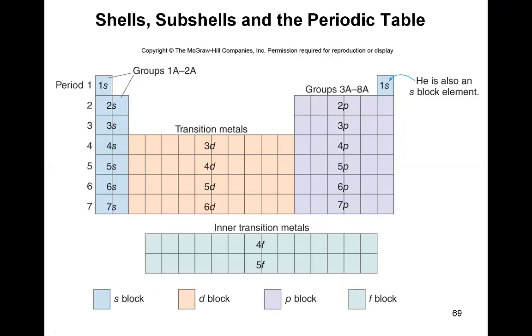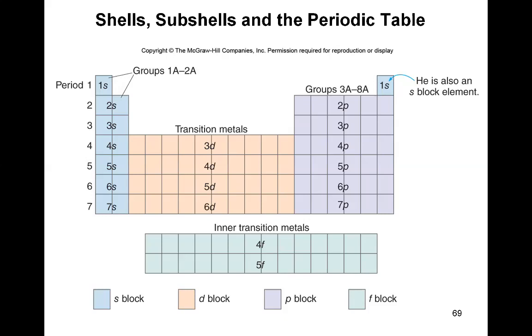So the periodic table, I told you, is a powerful tool that enables you to know which shells, subshells, and orbitals are filled when you look at an element. We said that the shells are represented by the periods. Periods are the rows. And so periods 1, 2, 3, 4, 5, 6, 7 are shells.